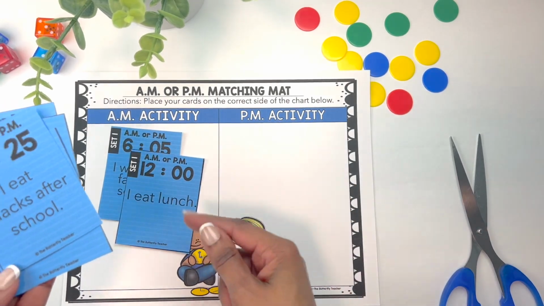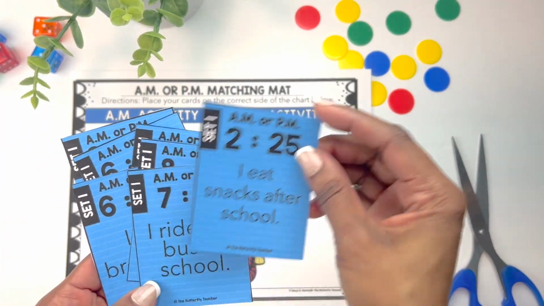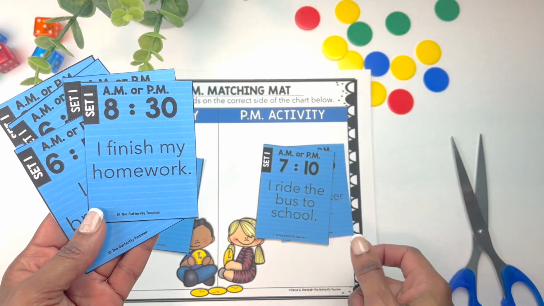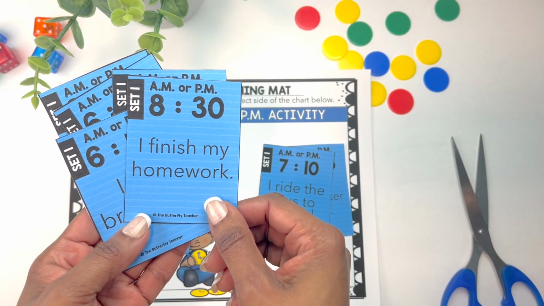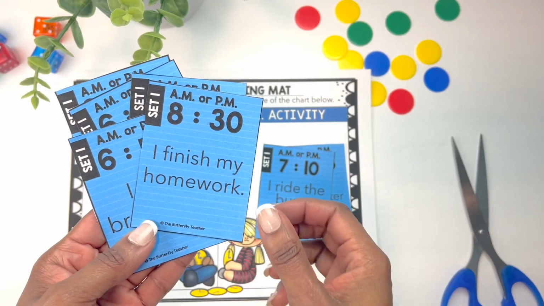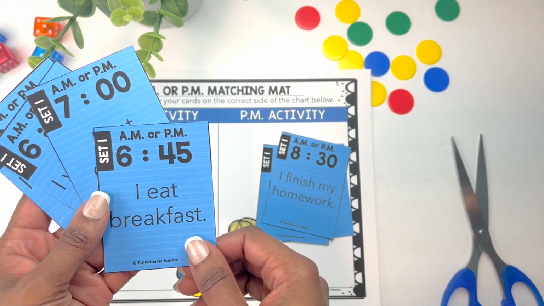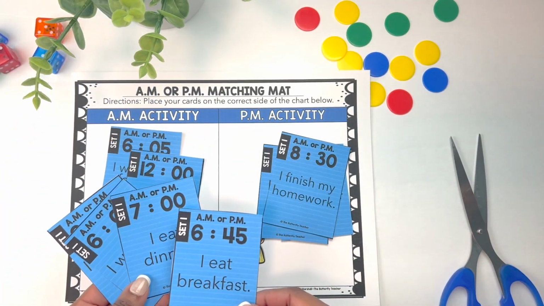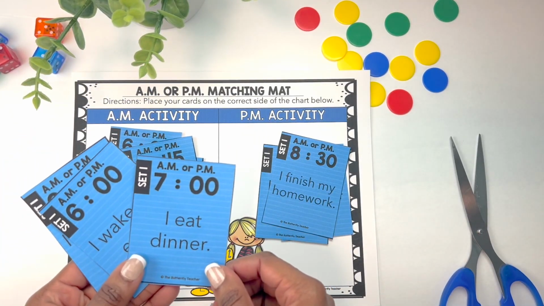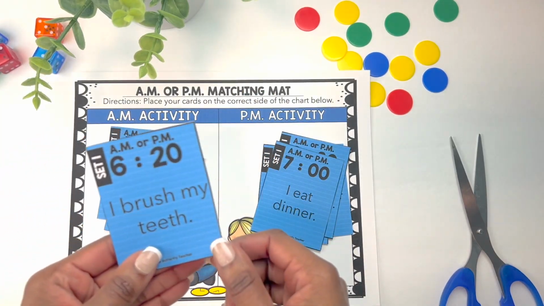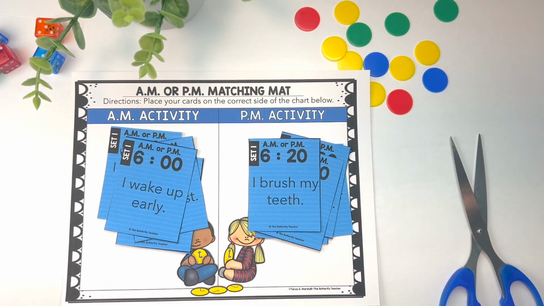Now obviously it does depend on where the student is located and what their schedule is at school. So these cards can be changed, but it's a really quick, easy way to have a math center that helps students to be able to tell the difference between activities they do early in the day and activities that they do later in the evening.